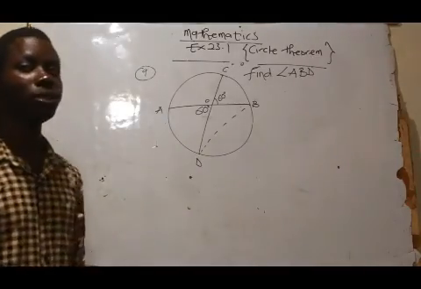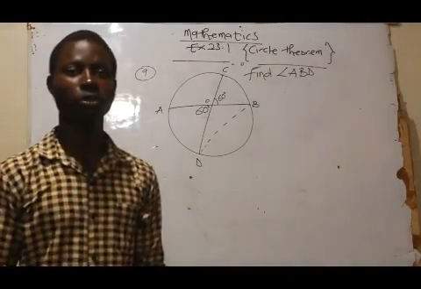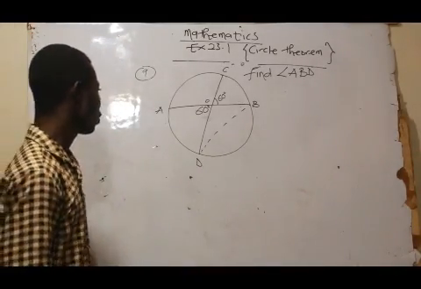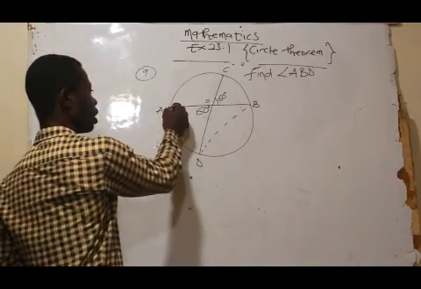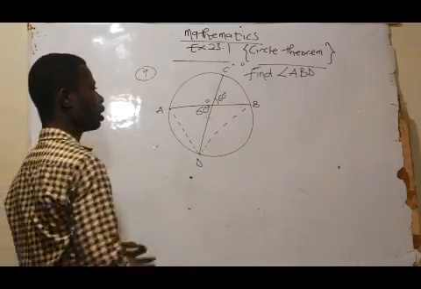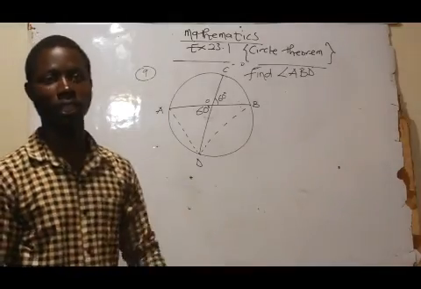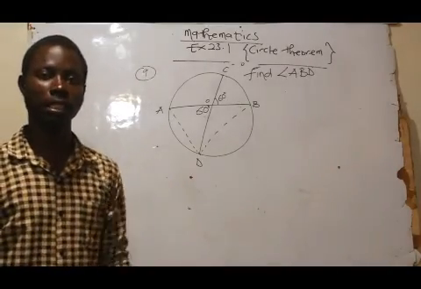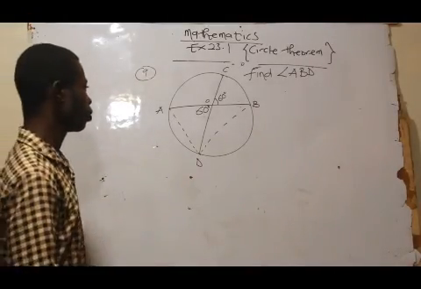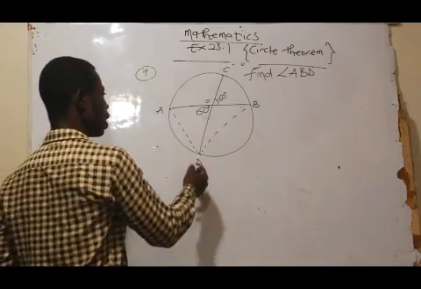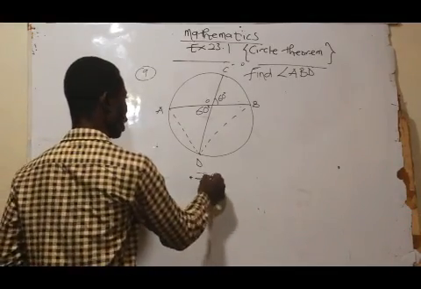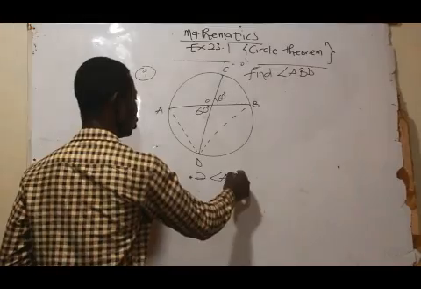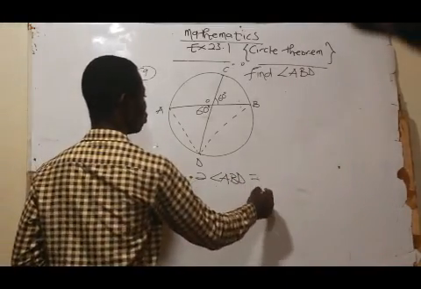Now, we can also use a property in the circle theorem which says that when a chord, let's assume you have a chord here. When a chord subtends an angle at the center of the circle, it is twice the angle it subtends at the circumference of the circle. So it means that twice of what? Angle ABD gives us what?